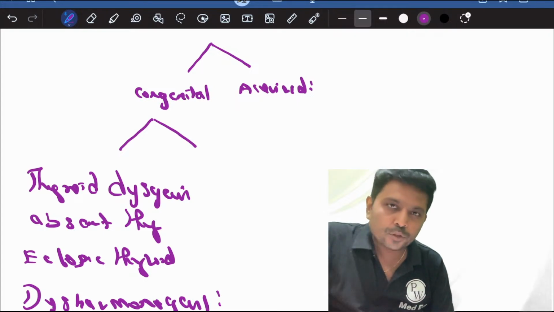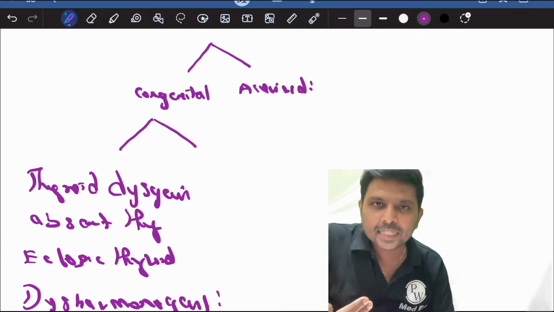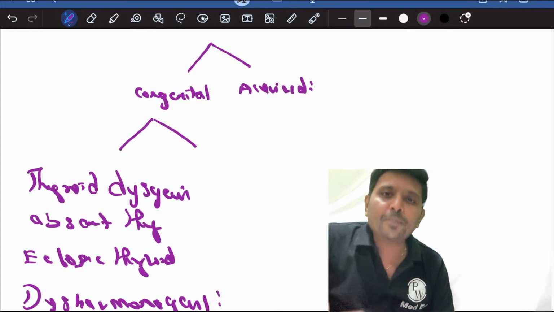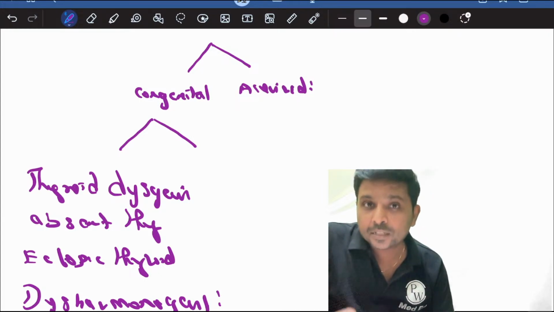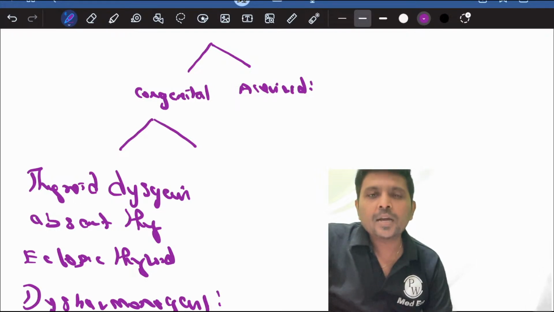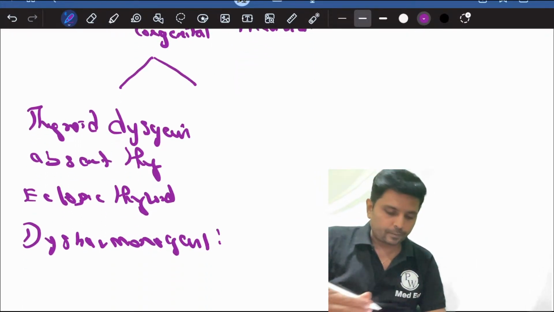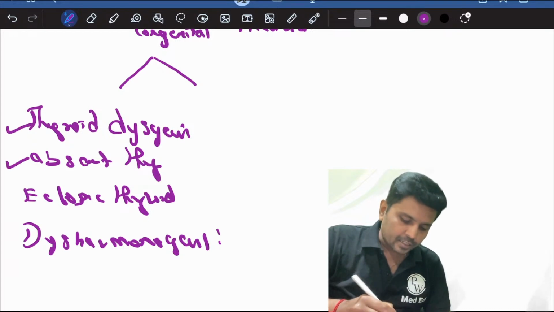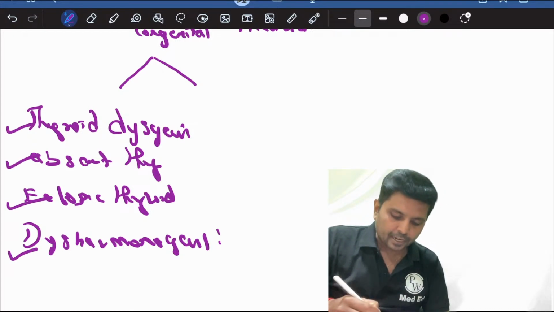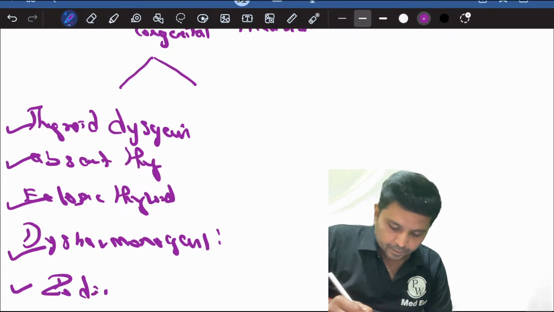Whenever there is an issue with any of these enzymes, your thyroid gland will be there structurally, but it will not produce your T3 and T4 due to the absence of those enzymes involved in the thyroglobulin or T3 T4 production. That is called dyshormonogenesis.